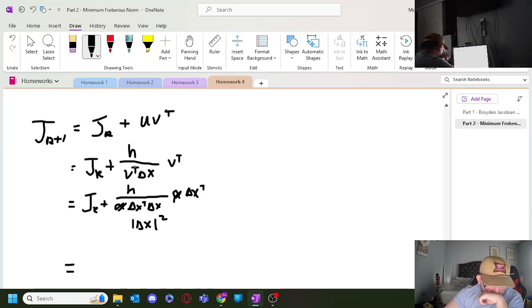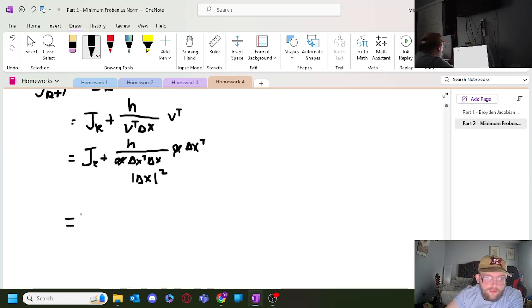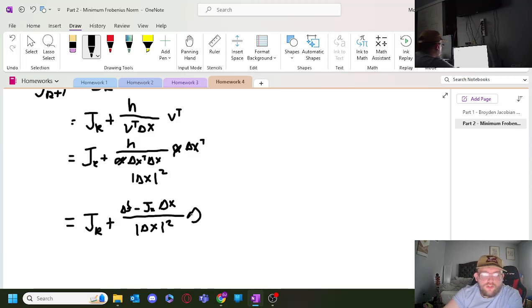Now let's go ahead and bring back the values from h. Jk plus h, which is change in f minus Jacobian k times change in x, over the norm of x squared, times change in x transposed.